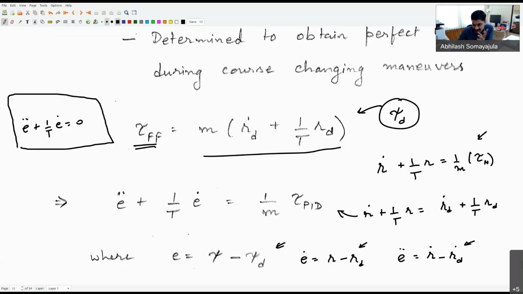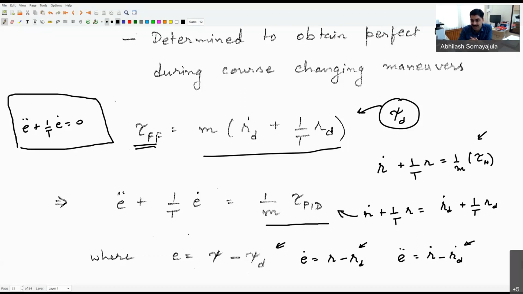Now, if there is some further error beyond that, my PID law can take care of it, and that is why the extra term I'm putting here is the PID controller. The idea is that I want my PID to get into action only when things are going haywire, like when there is a disturbance due to wind, waves, or currents.